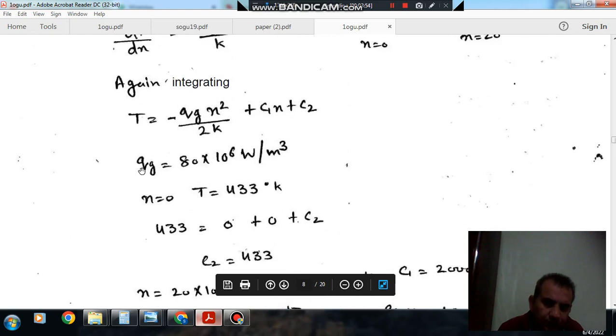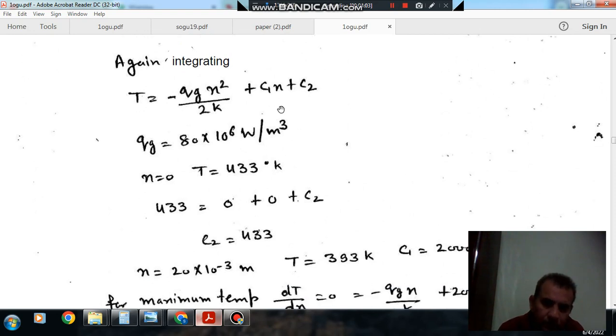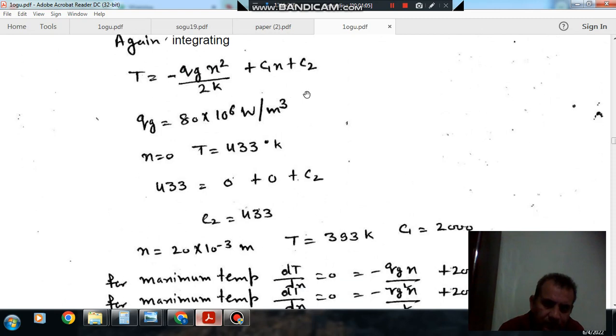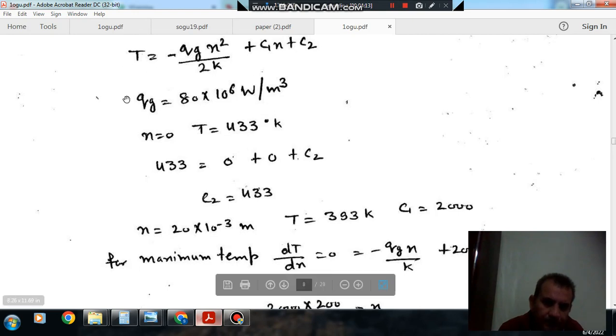So now the equation becomes T is equal to minus qg x square divided by 2k plus C1 x plus C2. Now we can differentiate this equation to find the maximum temperature.